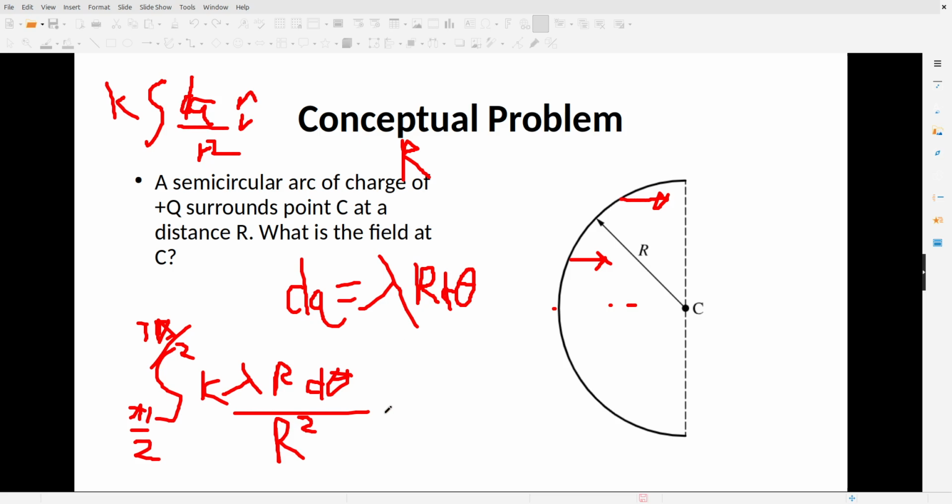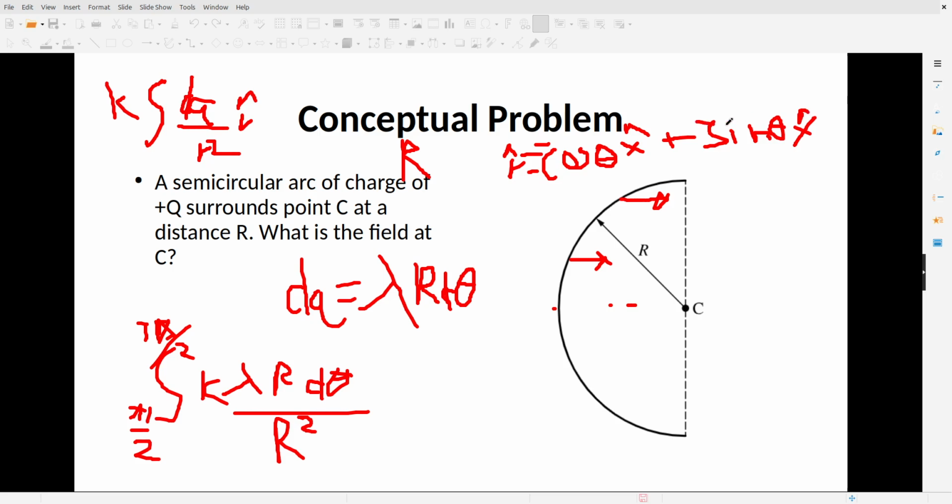Now we still need to multiply this. We still haven't taken into account the r hat. R hat is cosine theta x hat plus negative sine theta y hat.